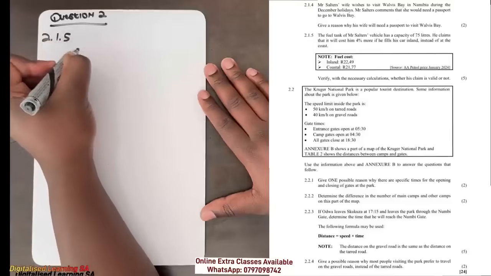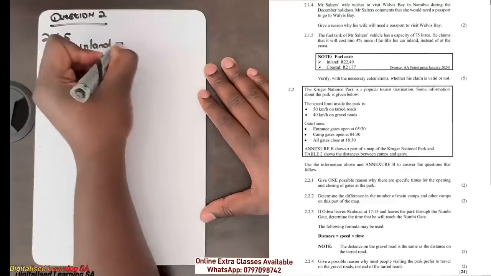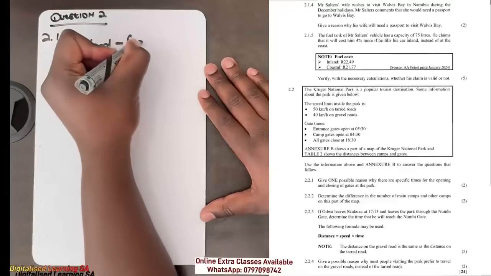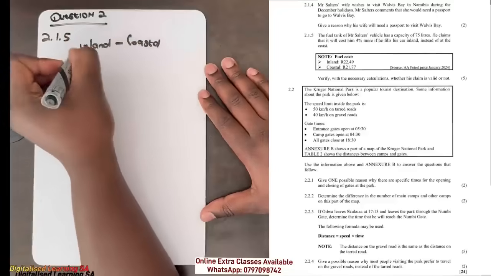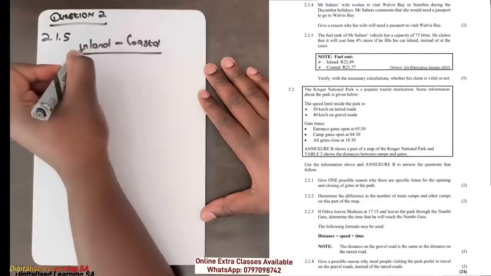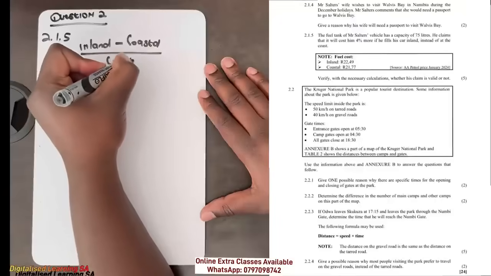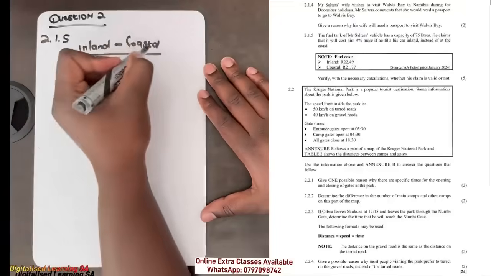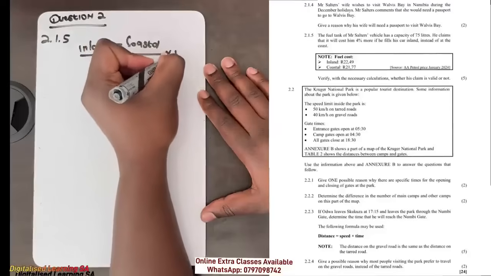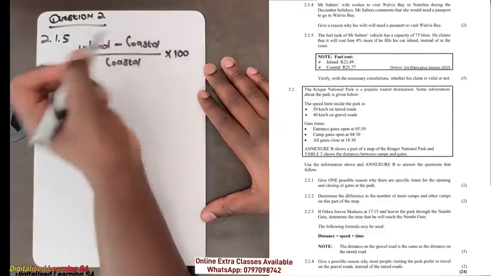We say inland minus coastal. This is a percentage change formula. So we say inland minus coastal, divided by coastal, multiplied by 100. We multiply by 100 because we are looking for the percentage.